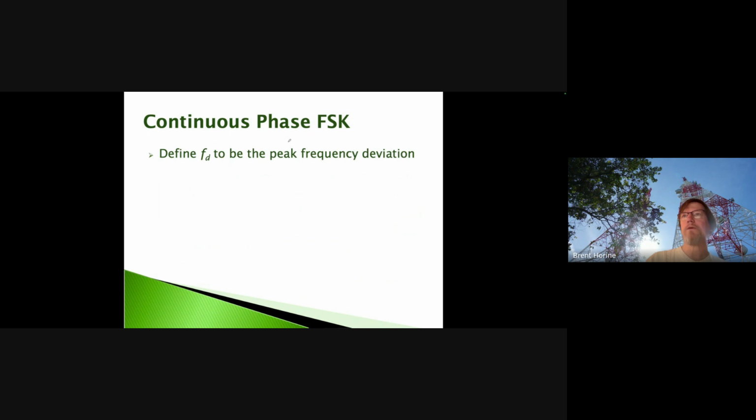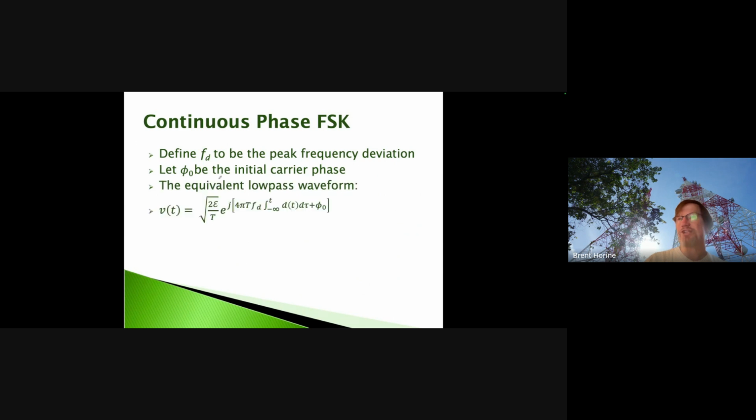Now for continuous phase FSK, let's define f sub d to be the peak frequency deviation. Let phi naught be the initial carrier phase, and the equivalent low pass waveform then. Now we're just looking at that low pass waveform. We'd need to multiply by e to the j 2 pi f_c t and then take the real part of it to get our actual modulated waveform. But this is that low pass waveform.